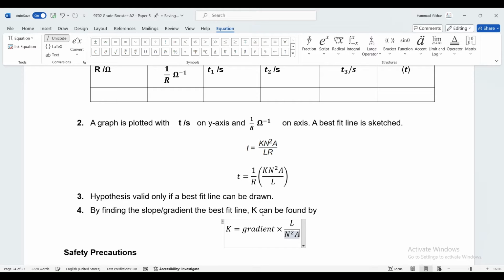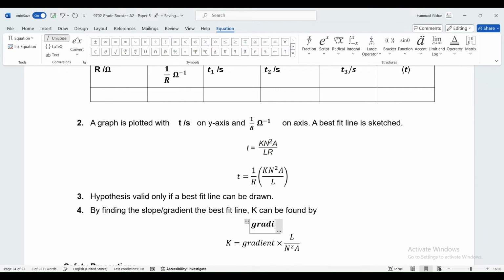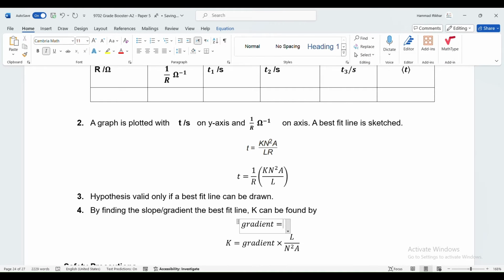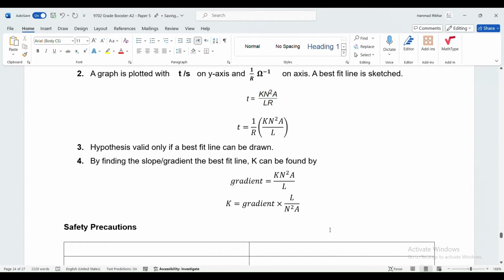Because gradient is equal to, let's write, gradient is equal to k n whole squared a over L. So now you can go back and figure out the k. And that's about it.